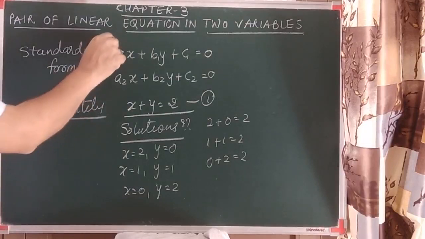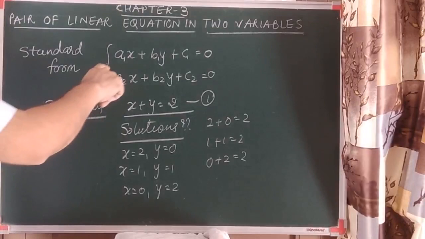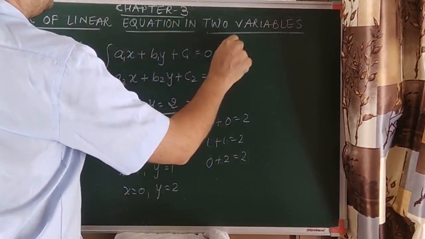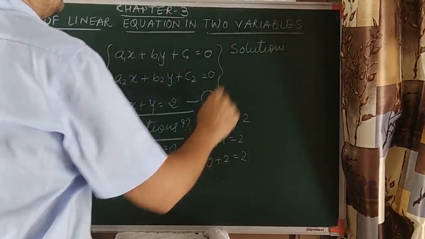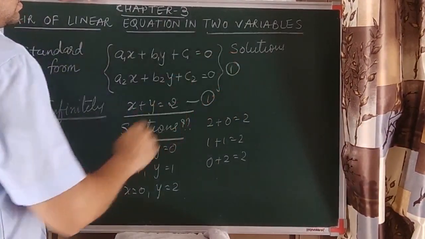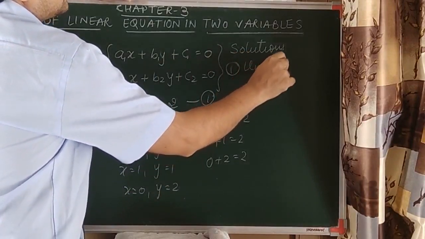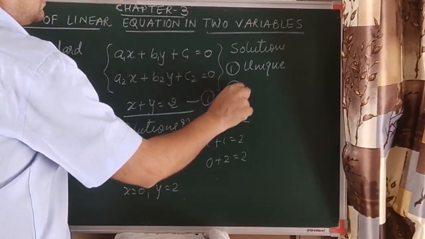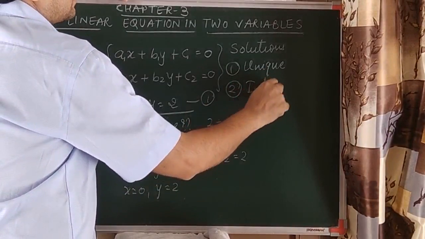Now when we discuss the pair of linear equations in two variables, remember there are three types of solutions we'll obtain. First, we get only one solution, which we call a unique solution. Unique, that means only one. Second, as we discussed here, we get infinitely many solutions.